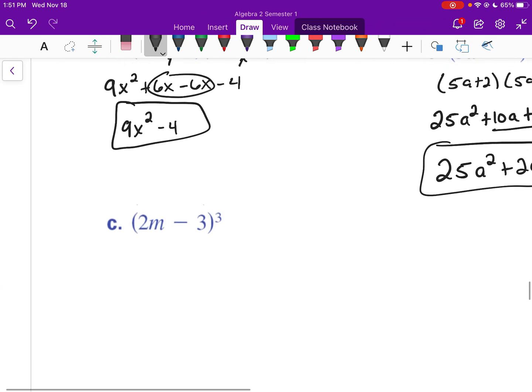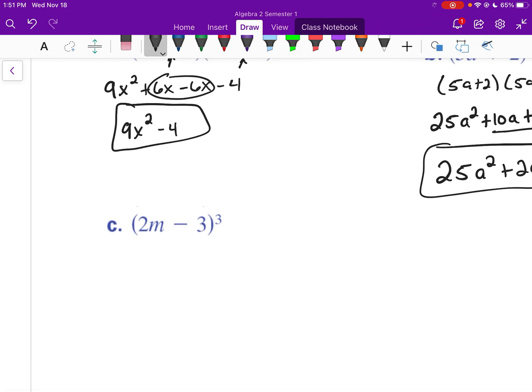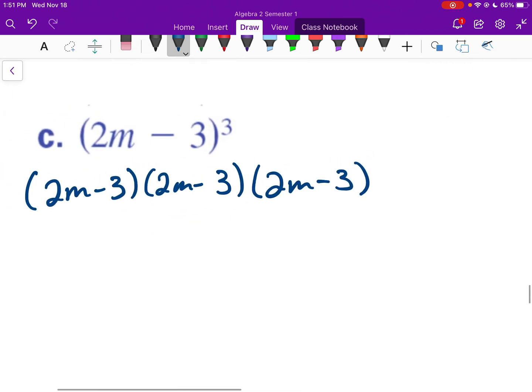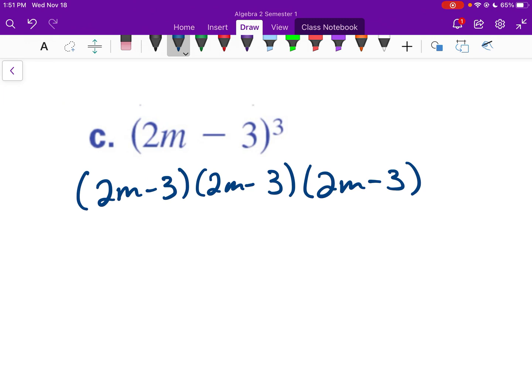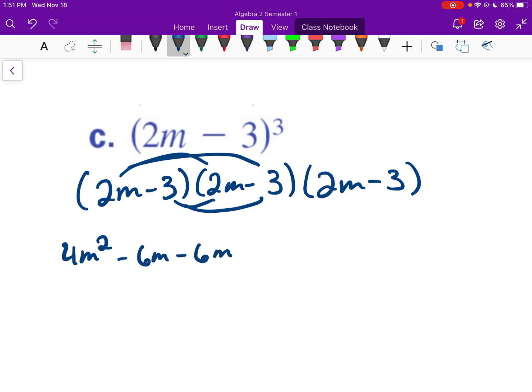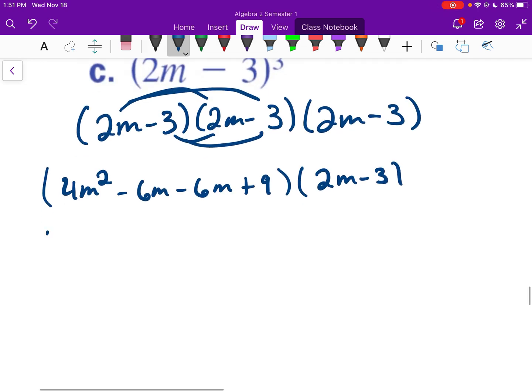All right. Now 2m minus 3, that quantity cubed. So in this case, 2m minus 3 times 2m minus 3 times 2m minus 3. We are cubing that. We're just going to FOIL out the first two to get 4m squared minus 6m plus 9. Again, we got to multiply by that 2m minus 3 one more time.